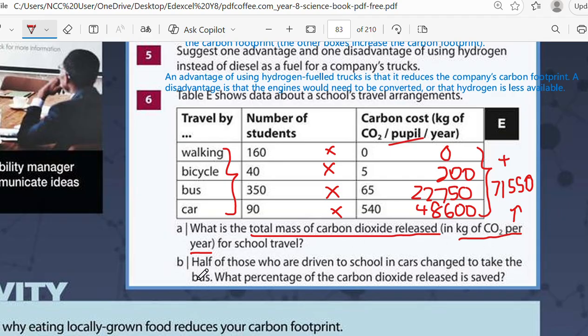Right. Now, half of those who are driven to school in cars change to take the bus. What percentage of carbon dioxide released is saved? Now, if only 45 are going in the car and the other 45 is going in the bus now, right? Can you do the calculation and tell me the answers?